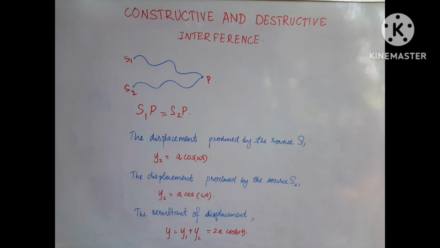So the sine pattern remains the same, but the displacement doubles compared to the initial case. This happens only when S1p is equal to S2p. The distance from source S1 to P is the same as S2 to P. So that is the sole condition of this one.